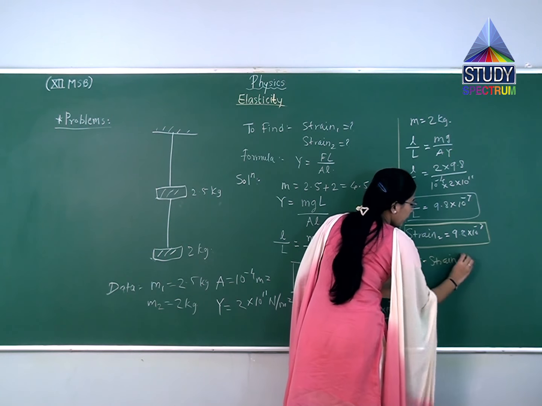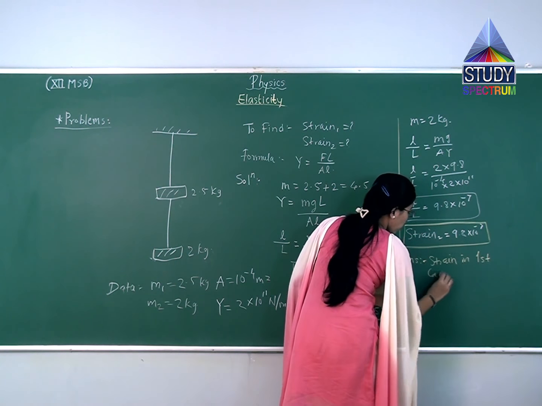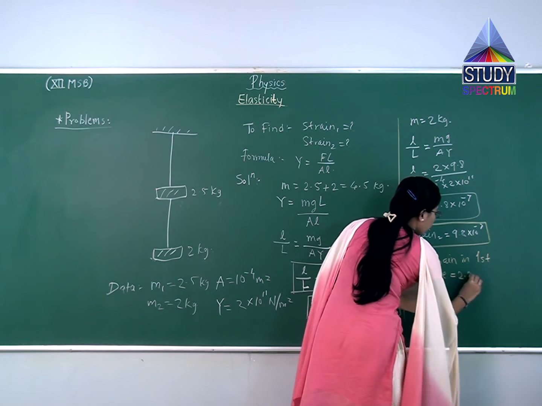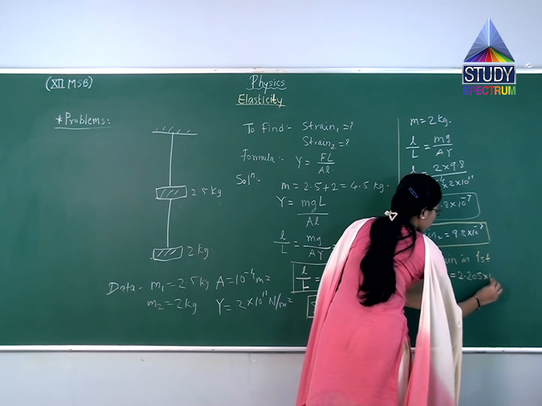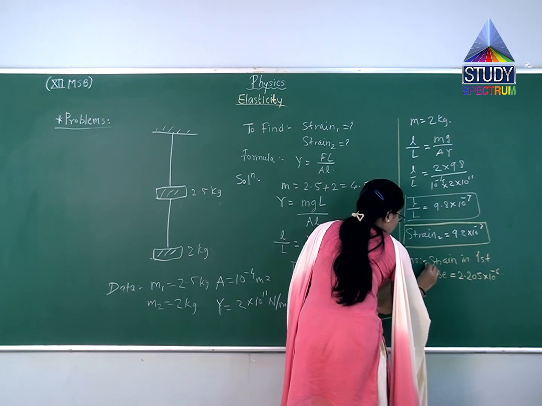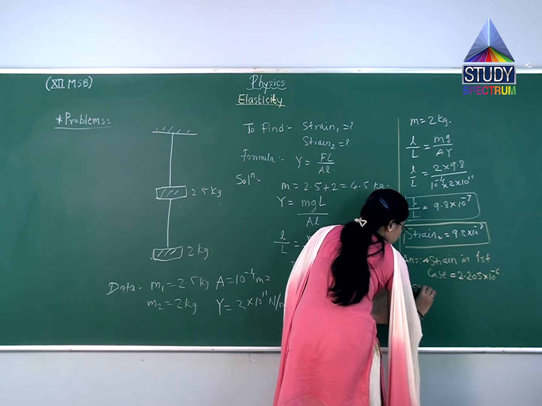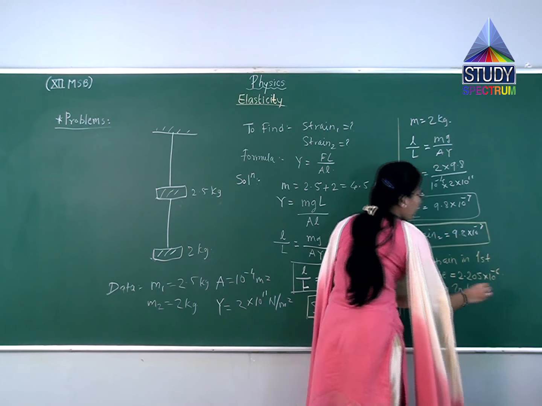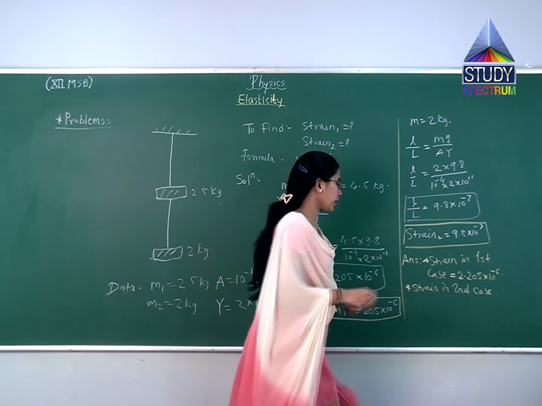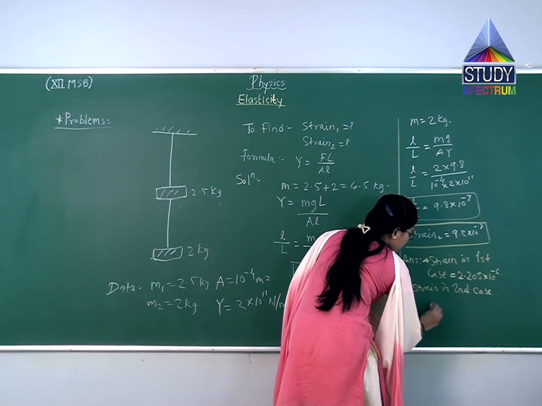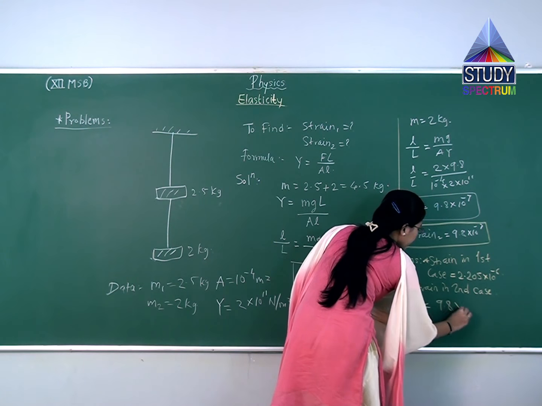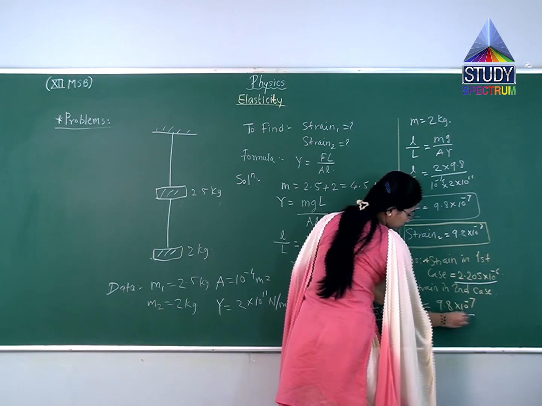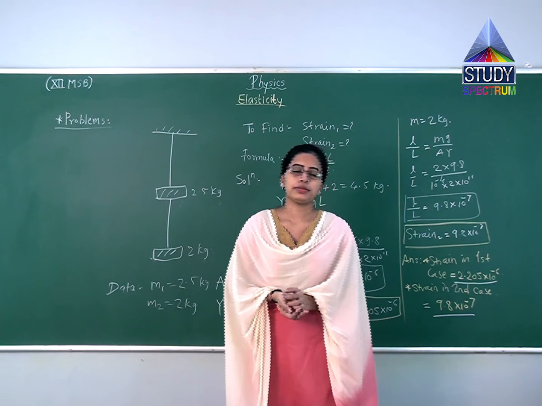Strain in the first case is equal to 2.205 into 10 raised to minus 6, and strain in the second case, or you can just write strain for the first wire, strain for the second wire, is equal to 9.8 into 10 raised to minus 7. So in this way this problem is solved.